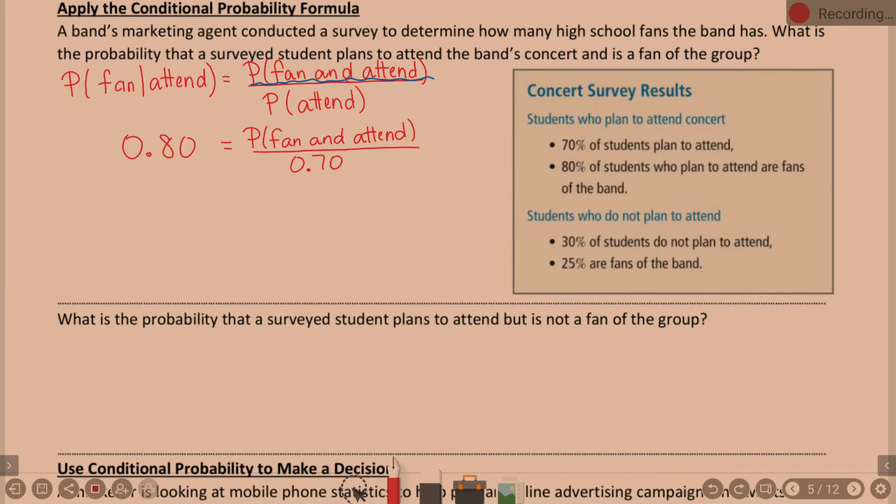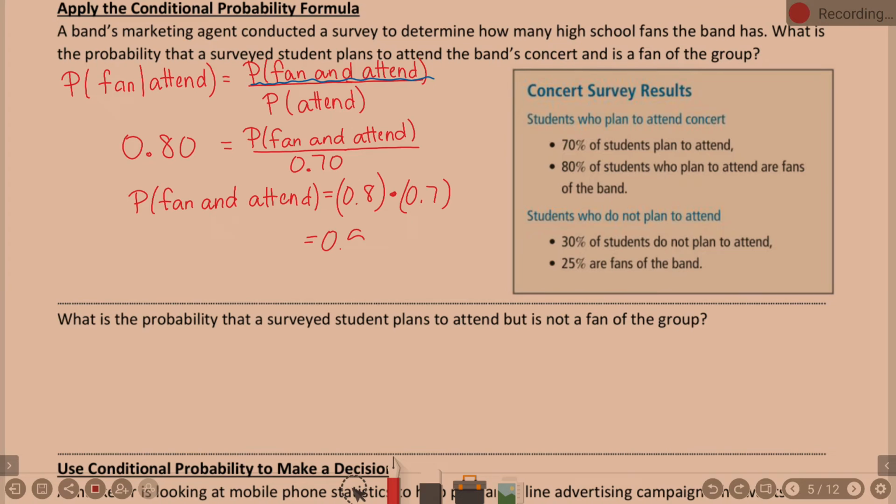So now you do see this though, right? It's divided by 0.7. We're going to multiply. The probability of a fan and attending is going to be equal to 0.8 times 0.7. What is 0.8 times 0.7? 0.56.